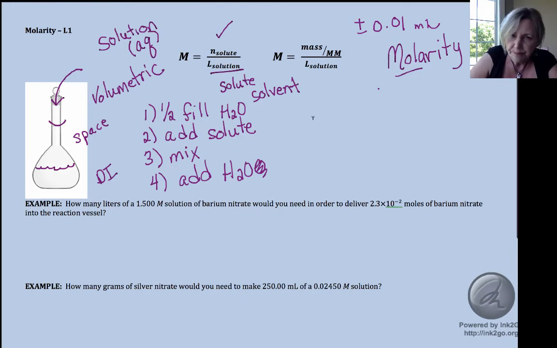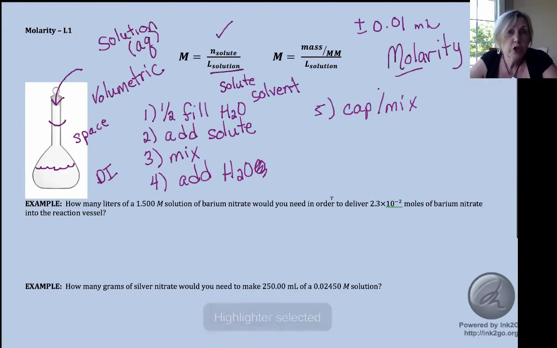Okay, now, finally, after you add water, you want to cap it off and mix it again. Now, it is possible that a mixture could be endothermic, meaning it got colder because it sucked in heat from the environment, or exothermic, which means it released heat into the environment and got hotter.